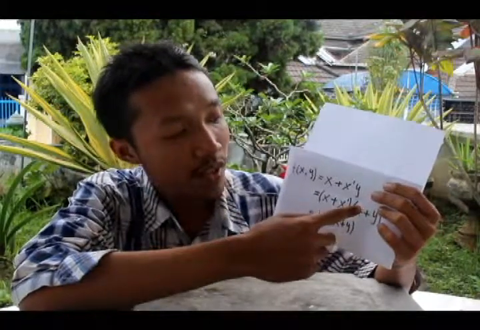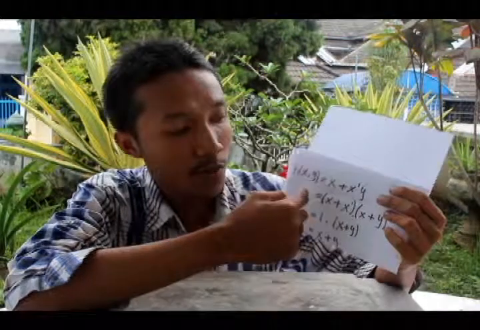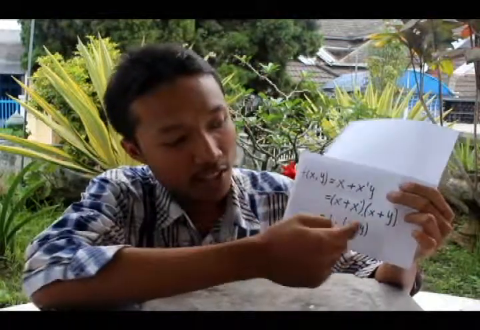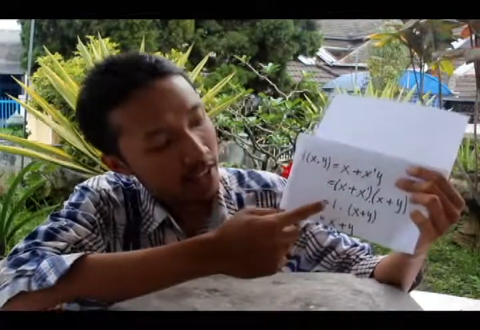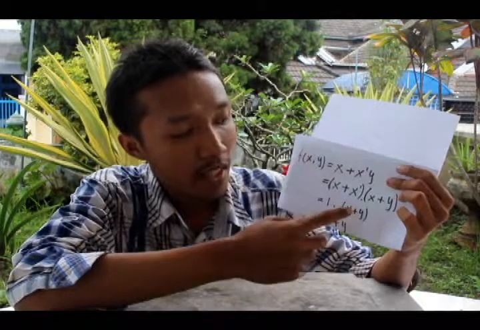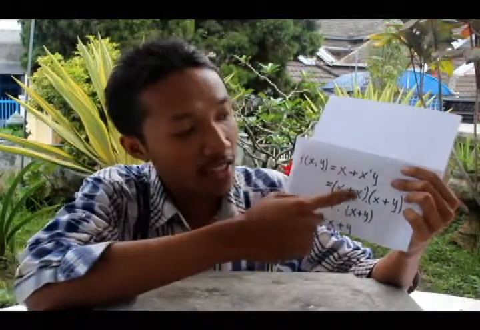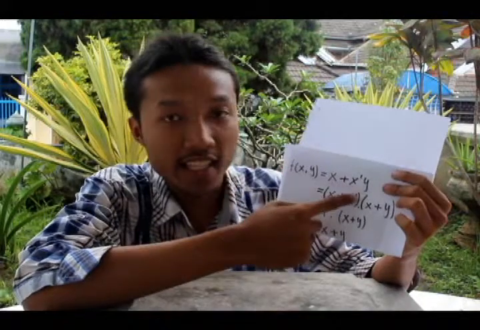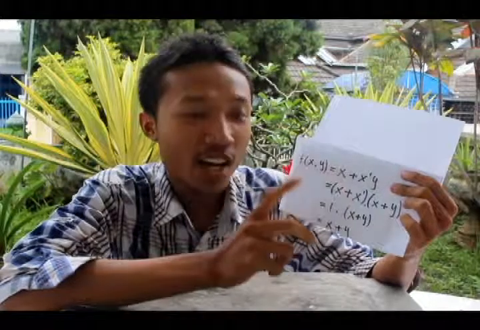It uses the distributive law to get this answer. Next is 1 multiplied by x plus y, because x plus x accent is 1 by the inverse law.